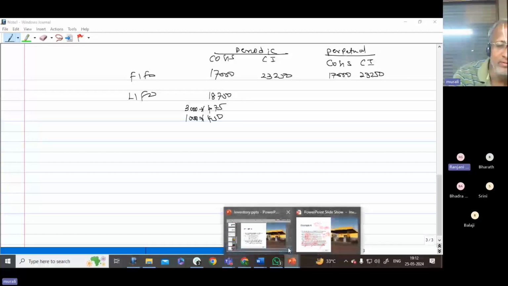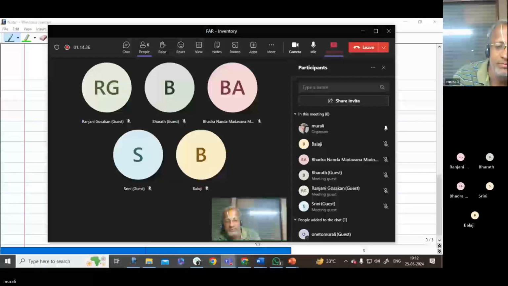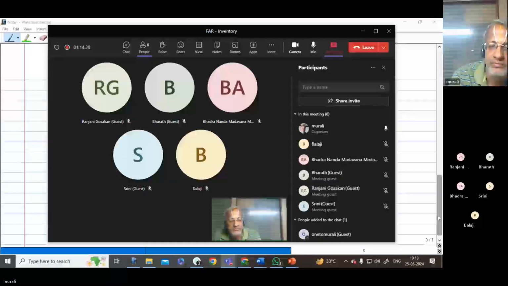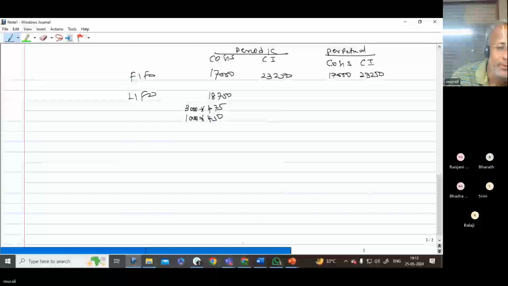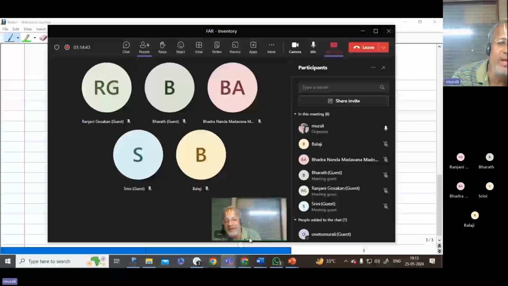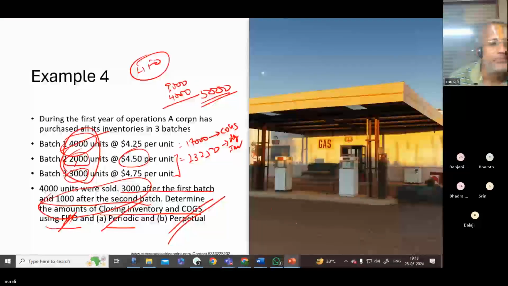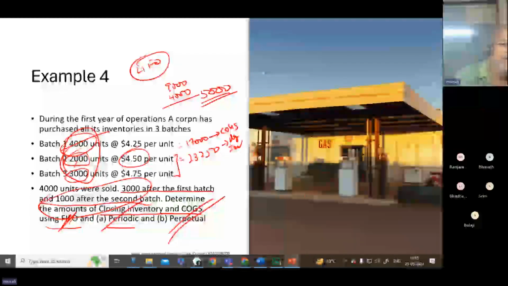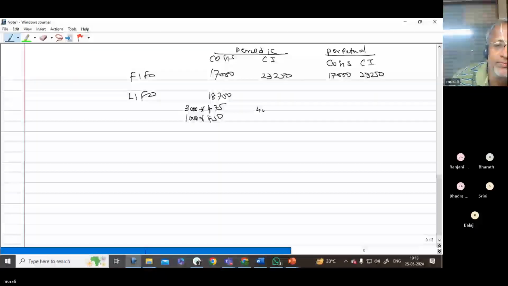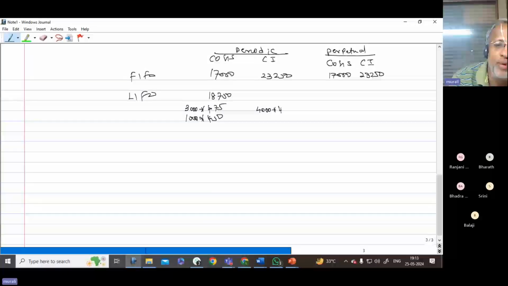What should be my closing inventory? My closing inventory will be the oldest inventory of 4,000 bought at 4.25, and the other 1,000 which had come out of the second batch.